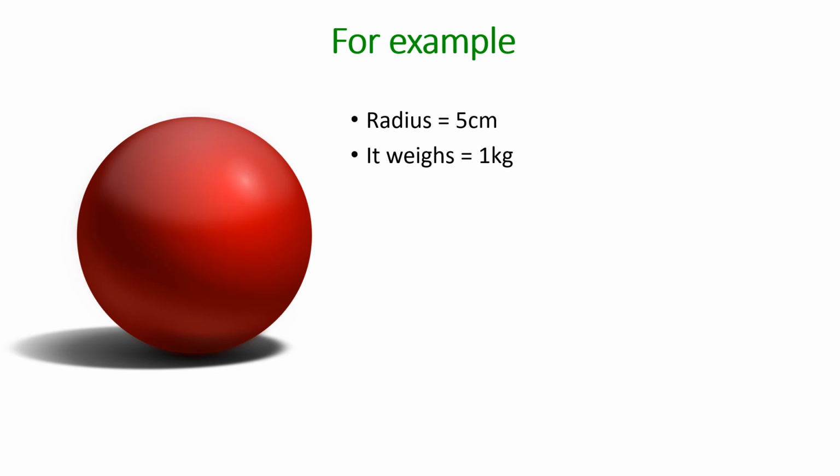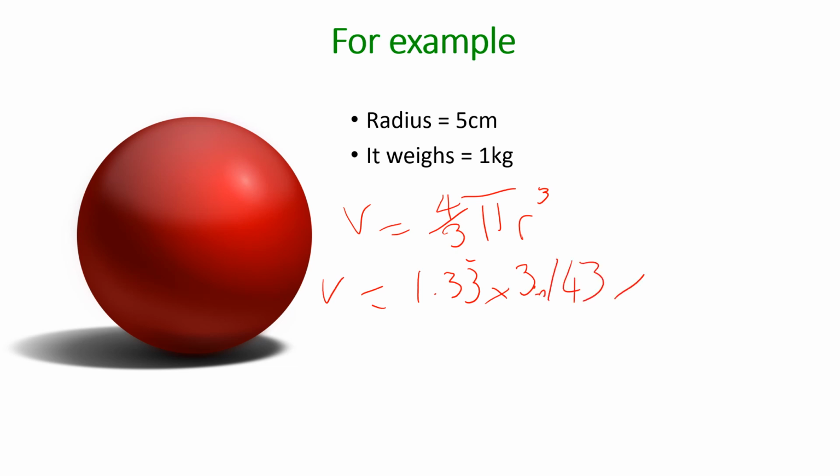Okay, let's do something that's a bit more mathy. So again, I'm going to start by working out the volume. So the volume of a sphere, if we go back a few slides, the volume equals 4 over 3 pi r cubed. So 4 over 3 on your calculator, that's 1.33 recurring times pi. I'm just going to go to 3 decimal places with pi, 3.143.